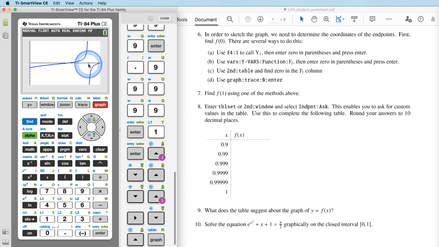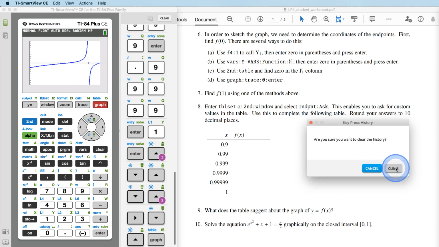But it doesn't occur at 1. It occurs a little bit before 1. It occurs somewhere before 0.99999. So it happens really close to 1, but not quite at 1. So using the table can really help us analyze what's happening on the graph here.